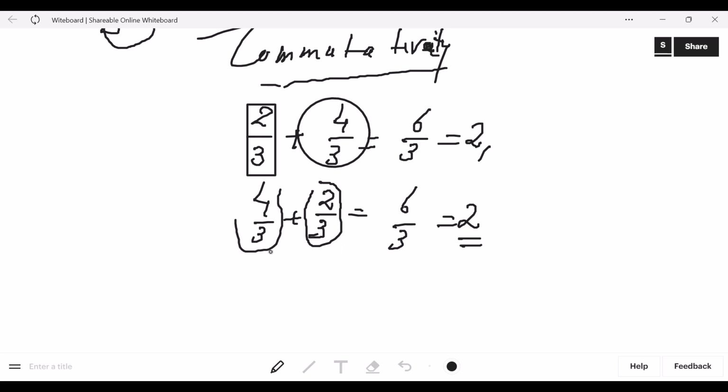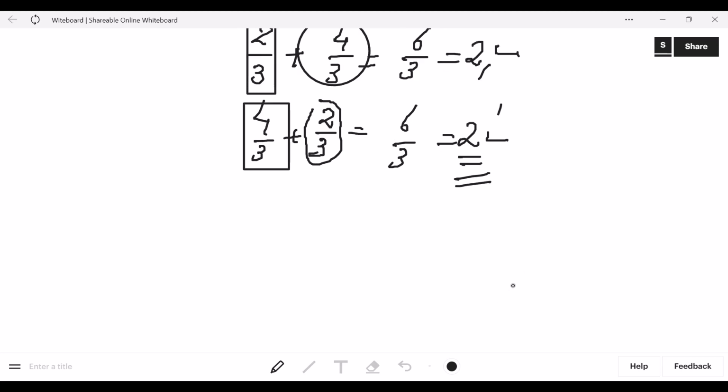On changing order, the result did not change. So we say the addition of any two rational numbers is commutative.